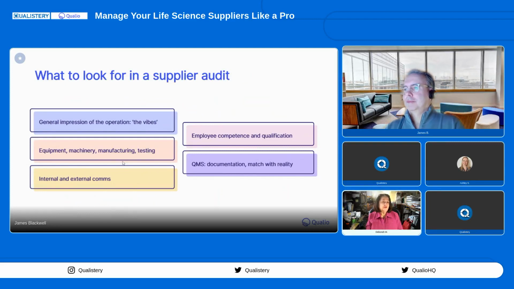Like you may want to focus your audit just on production and not look too much at the quality system separately. When you look at production, you will see parts of the quality system in action. So you don't want to spend a lot of time looking if they control their SOPs and have version control if the line clearance is more important to you and the prevention of cross-contamination.